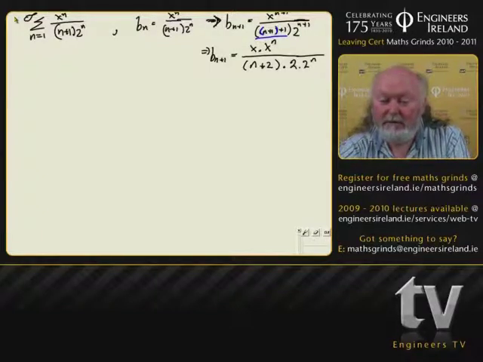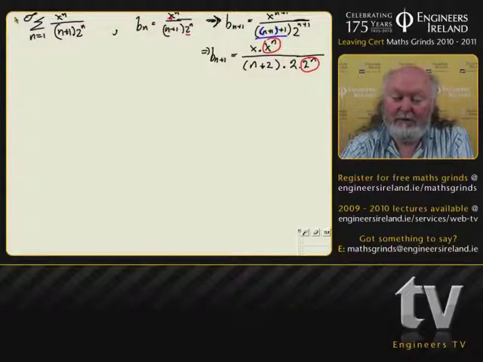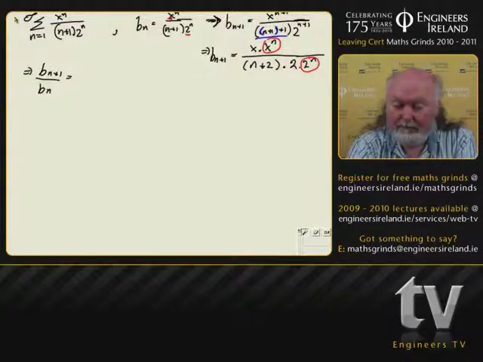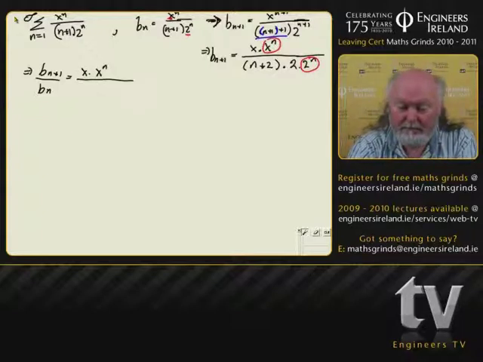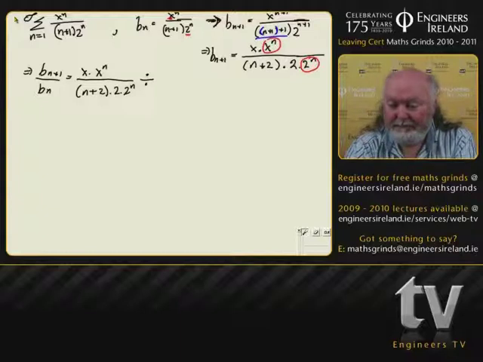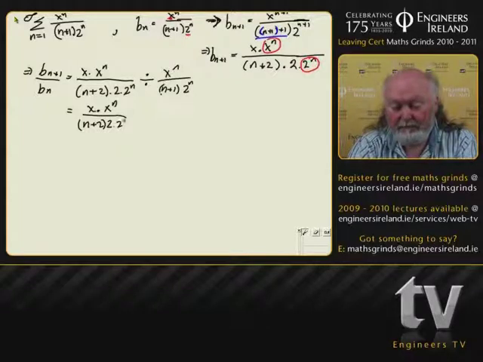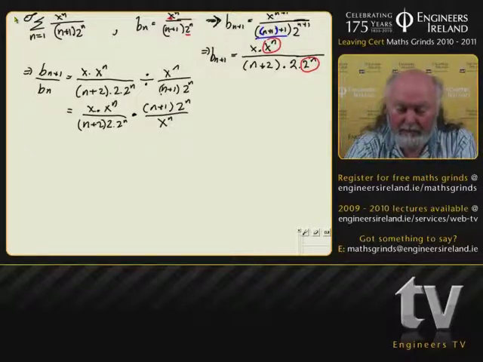So what we find is that bit and that bit are shared with the bn. That cancels that, this cancels that.